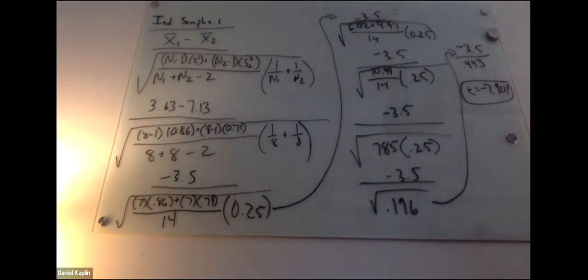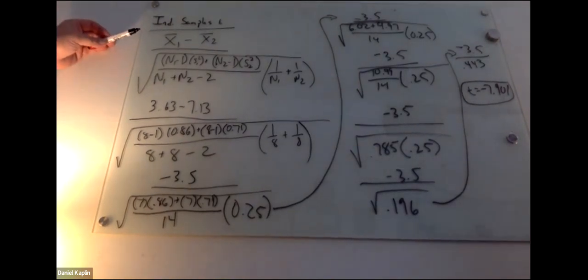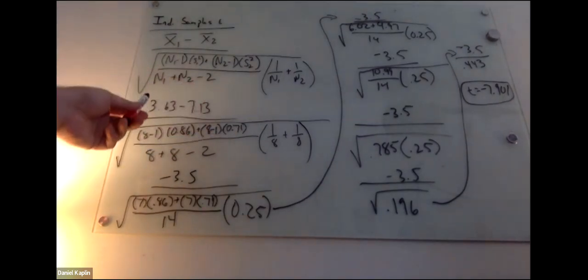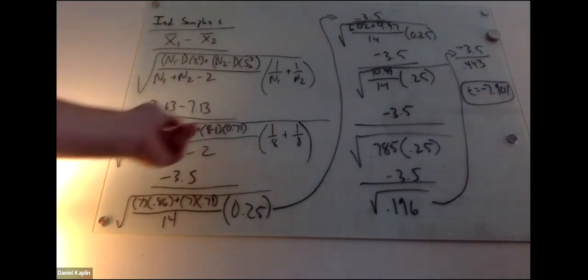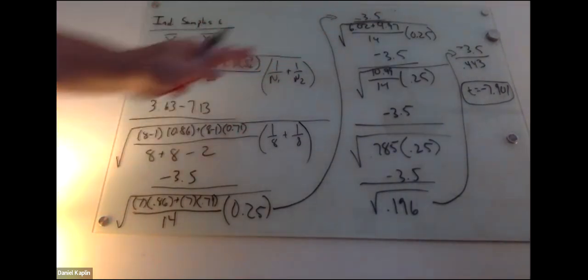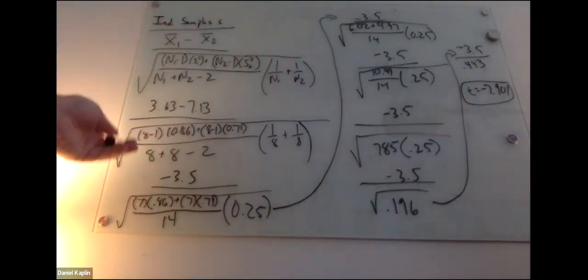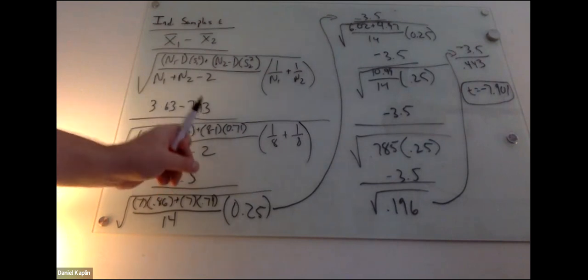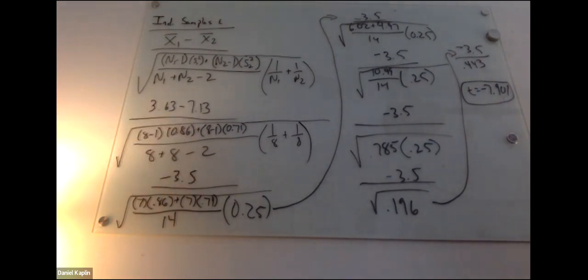Now, it's a lot of work, right? So we started with the formula. We had to start plugging in the numbers, and you'll notice we have to simplify this, right, to get to whatever numbers we need. So we're working within the square root. And what that does is eventually we're going to get a number that we can take the square root of.